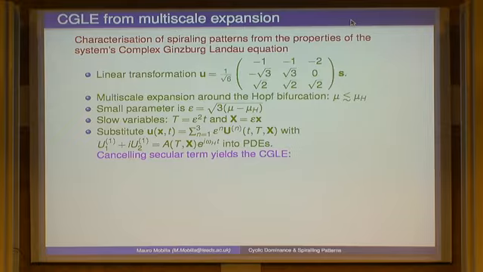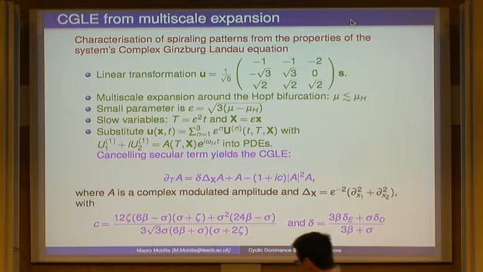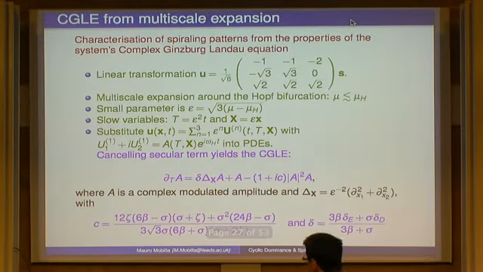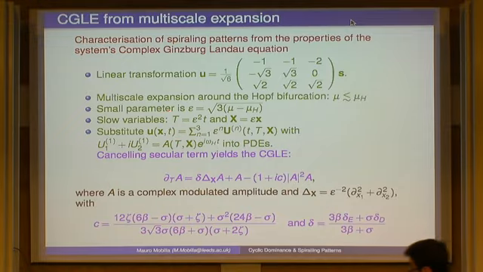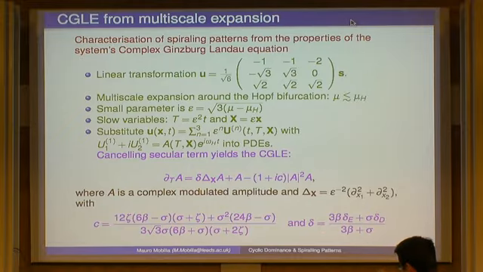You demand that this term has to disappear, and in doing that, you end up with the following equation for the amplitude A. This is our complex Ginzburg-Landau equation, where delta is defined here and C is defined here. These are complicated expressions of the various parameters.